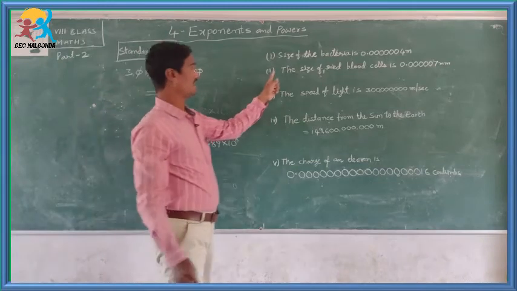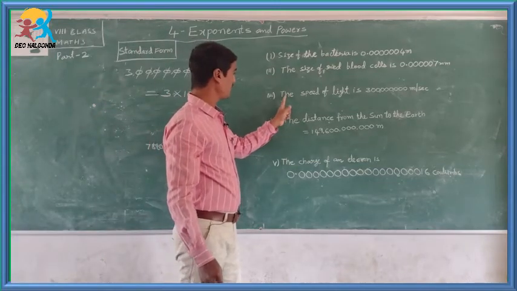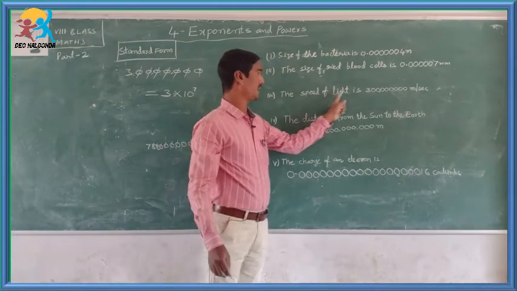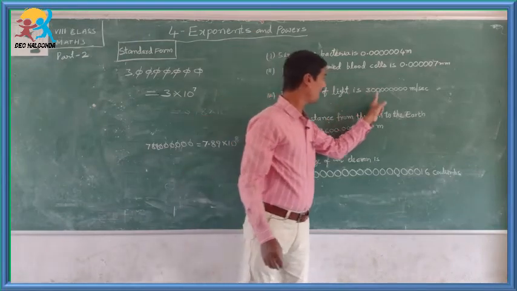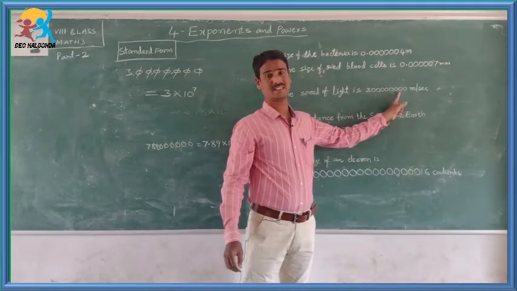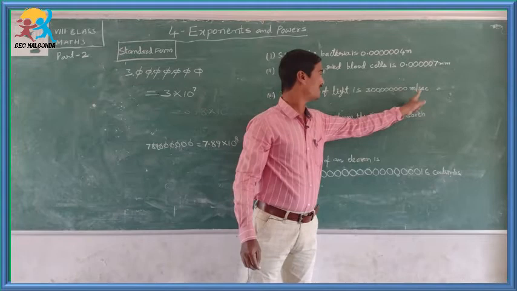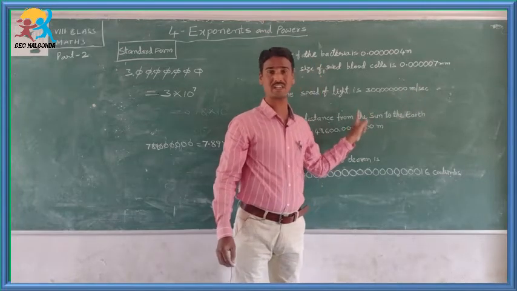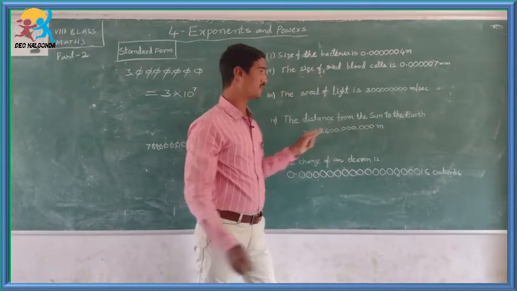Let's see the problem given. The speed of light is 300 million meters per second. How to write in scientific notation or standard form?